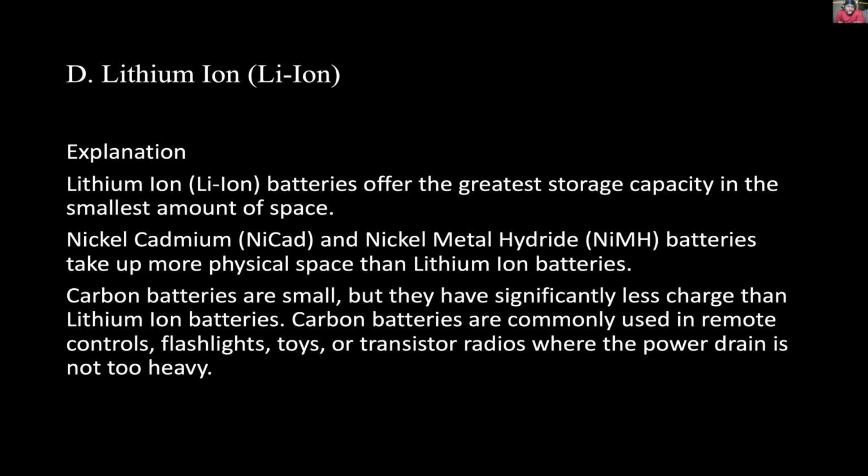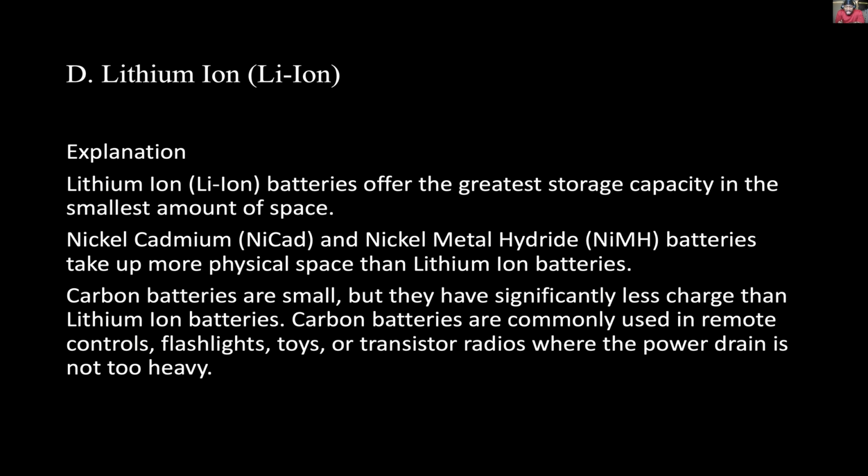Li-ion, that's the short form. Explanation: Li-ion batteries offer the greatest storage capacity in the smallest amount of space. Nickel cadmium, nickel, and nickel metal hydride batteries take up more physical space than lithium-ion batteries.